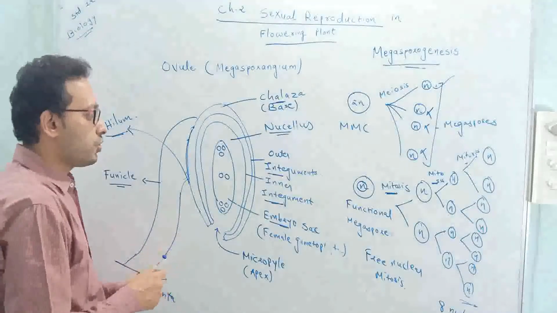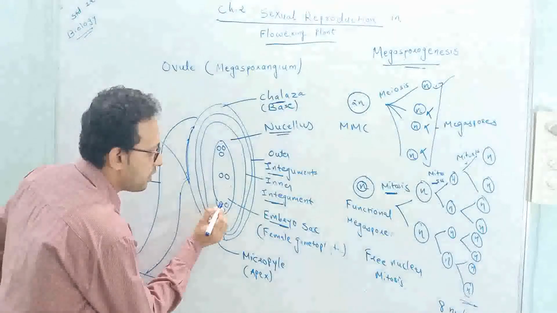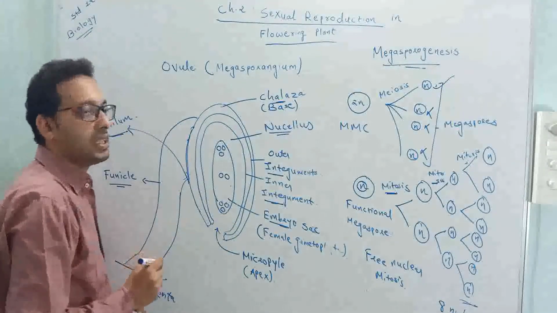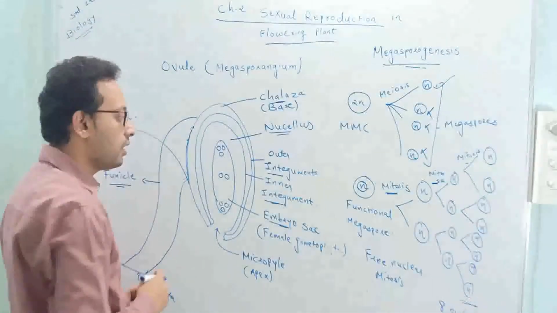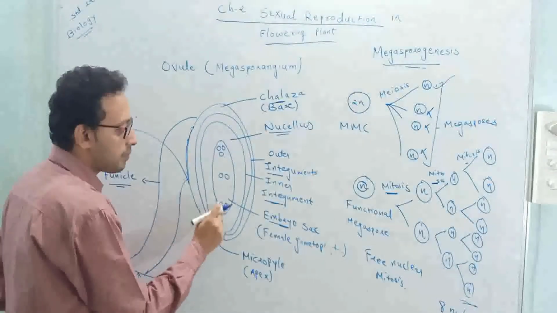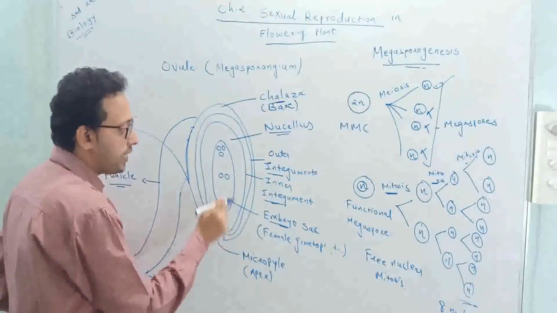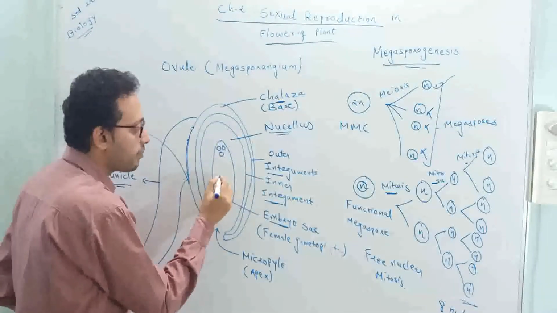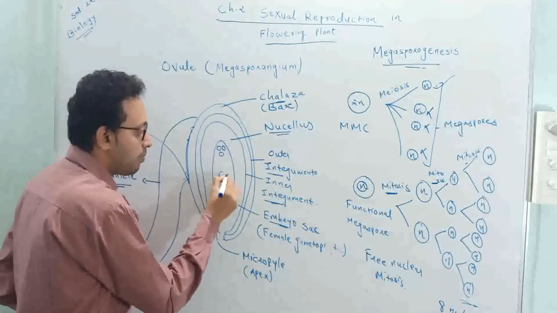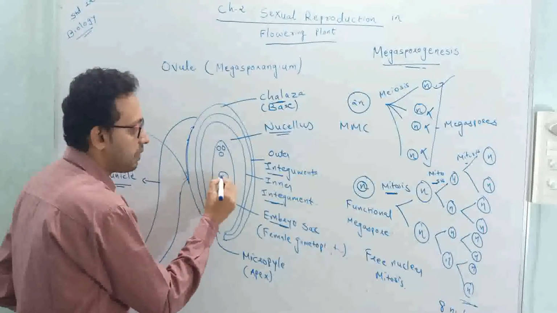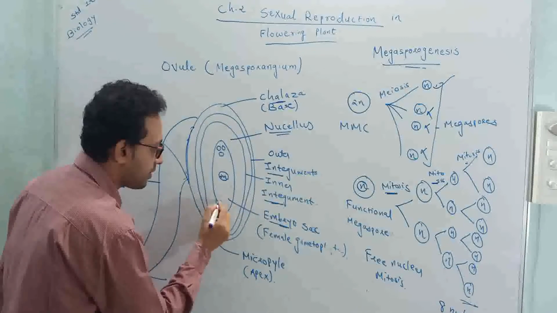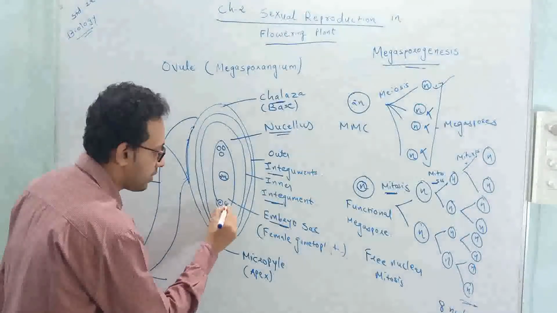Now it becomes mature. These nuclei develop a cell membrane around them. Now what happens? The 3 cells at each end and the 2 nuclei in the center are all present.